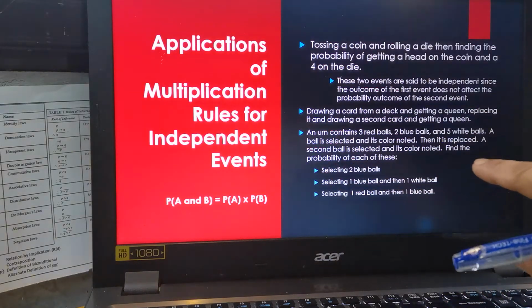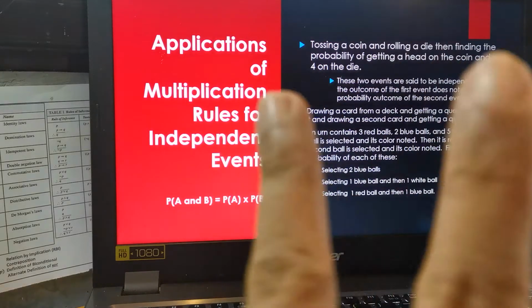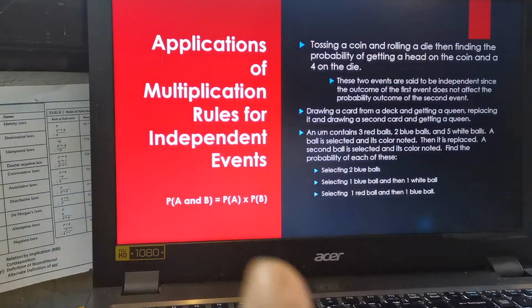So, we have here, tossing a coin and rolling a die, then finding the probability of getting a head on the coin and 4 on the die. So, nakita niyo yung pagkakaiba? Kanina, dalawa nga yung event natin, pero ngayon naman, dalawang magkaibang events.